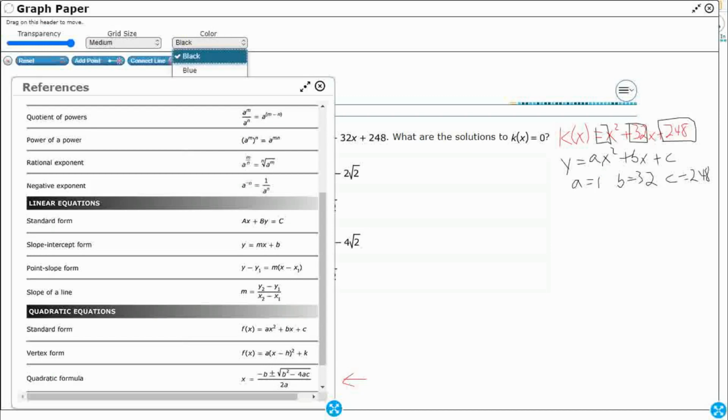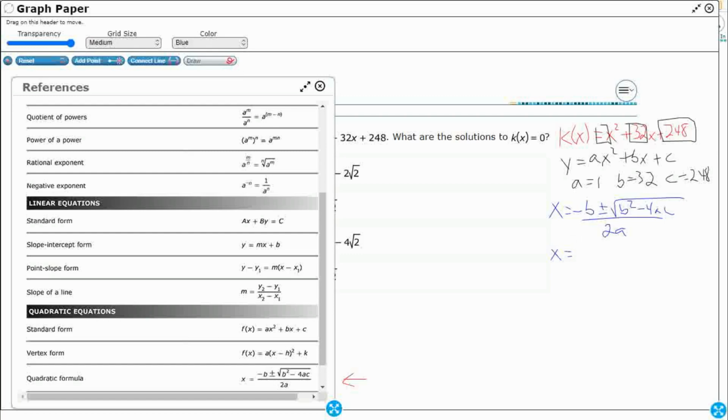So let's bring that back out. We'll do it in blue here. Okay, so x equals, and I've got my negative b plus or minus the square root of b squared minus 4ac over 2a, and we're just going to substitute the a and the b and the c.